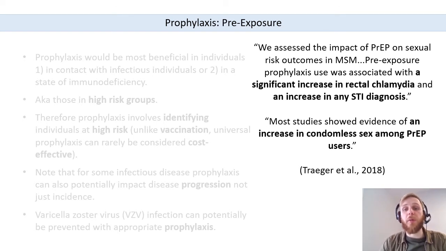So here we're talking about MSM, so this is men who have sex with men, and this paper is showing how individuals who are receiving pre-exposure prophylaxis, if we look at these individuals, we see a statistical increase in a range of other STIs, and this is also showing an increase, as we would expect, linked to this increase in STIs, an increase in unprotected, so condomless sex.